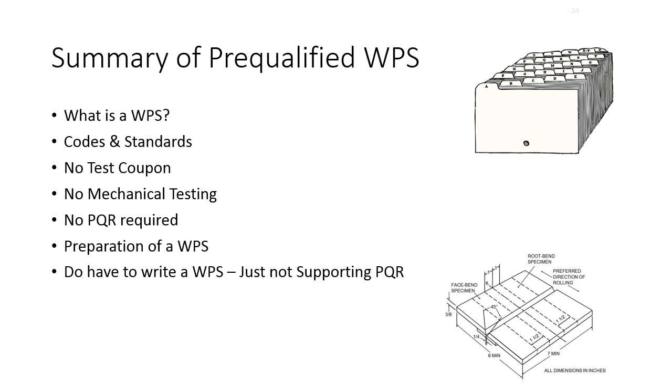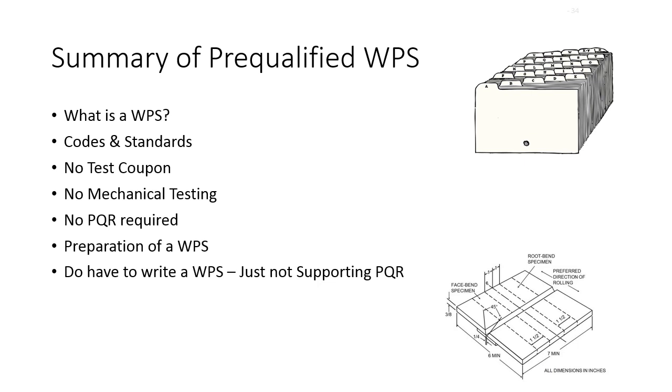So, summary of our pre-qualified WPS module or episode or whatever we're calling this. We talked about what a WPS is. It's the recipe that welders use to make a weld and deposit sound weld metal into the joint that's on the drawings or the plans. We talked about codes and standards a little bit.